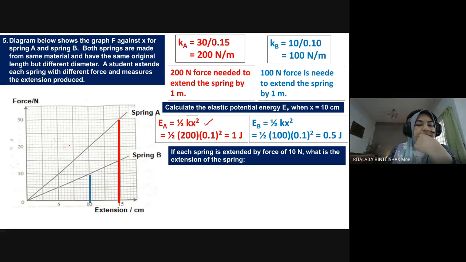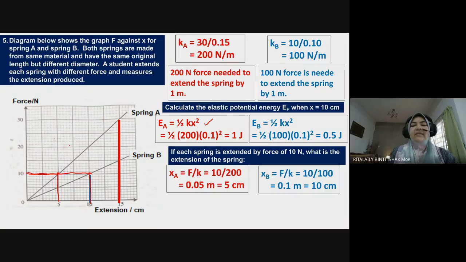Spring A, what is the extension? Okay, spring A, the extension is 5 cm. We extrapolate directly from the graph. And for spring B, also we do the same, 10 Newton, extrapolate to the graph. We get 10 cm.